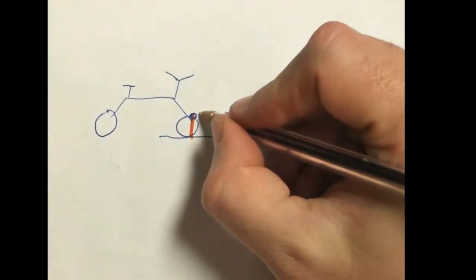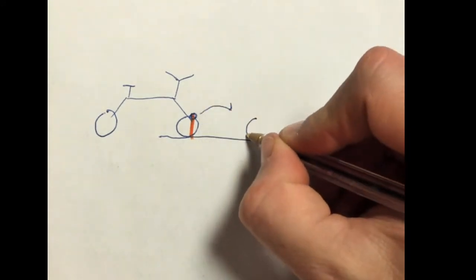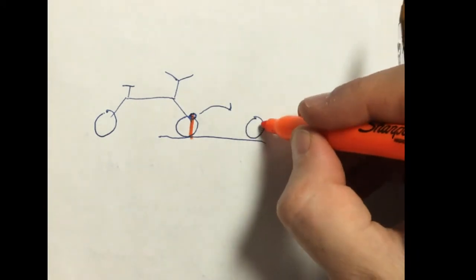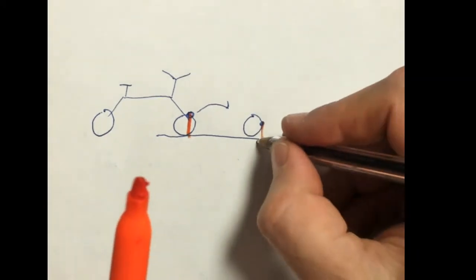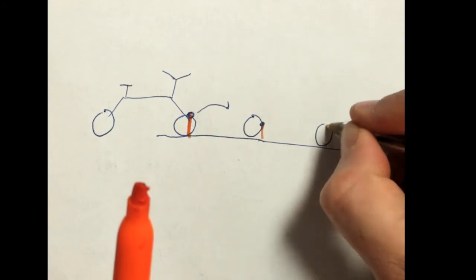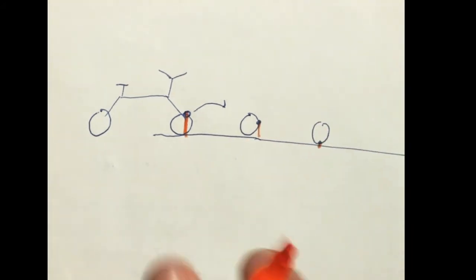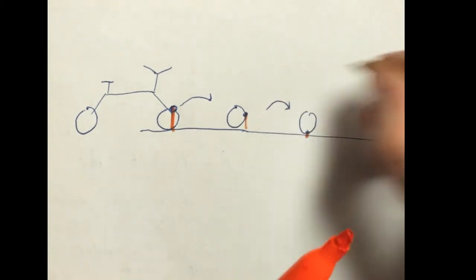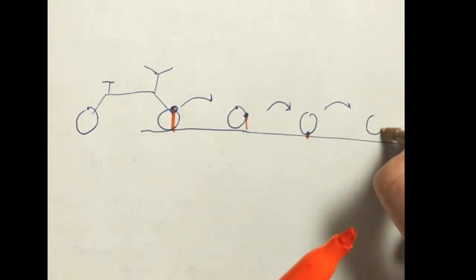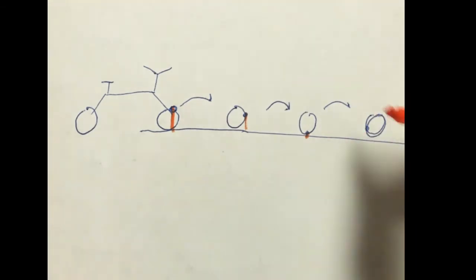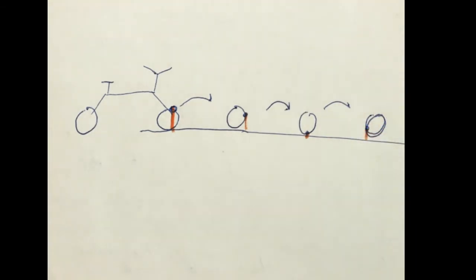Now, what's going to happen as the wheel turns is that value is going to go down, correct? Until eventually that sensor is right at the ground and that value is going to be 0. But then what's going to happen as the wheel continues to turn? Now it's going to go back up until this value gets greater.